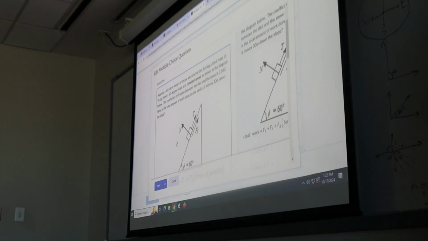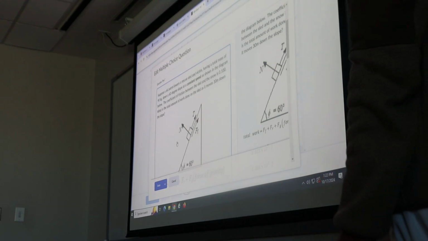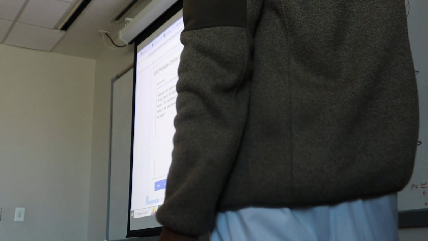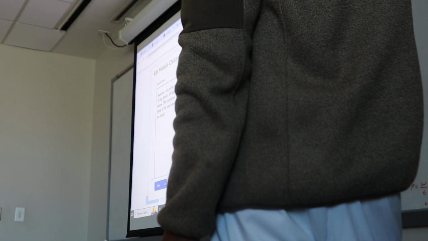The force of friction is going to be in the opposite direction. And then I believe that's a T. What's the total amount of work done on the sled as it moves down the slope? That's constant speed.